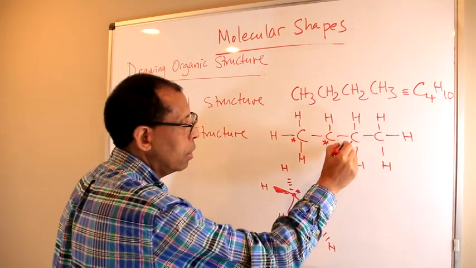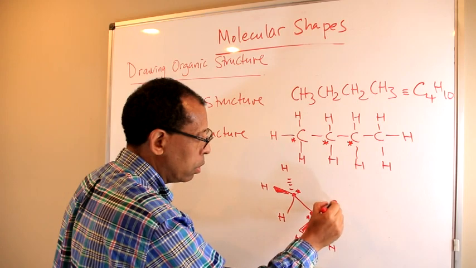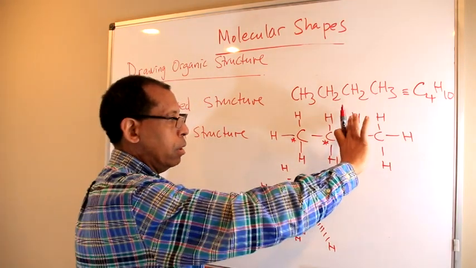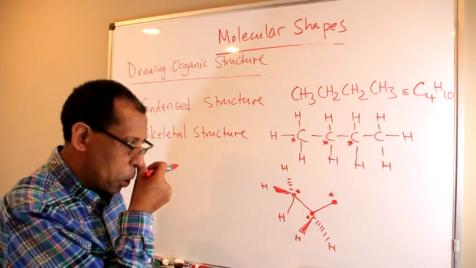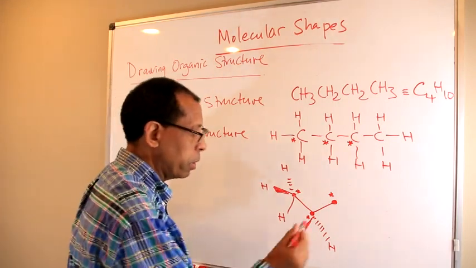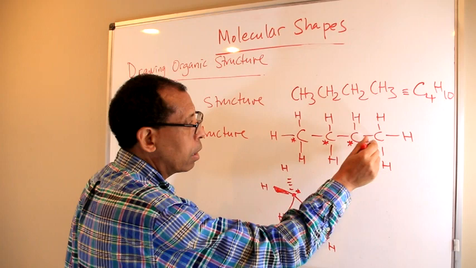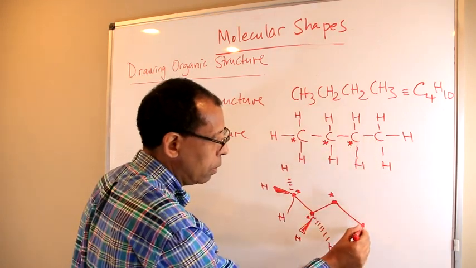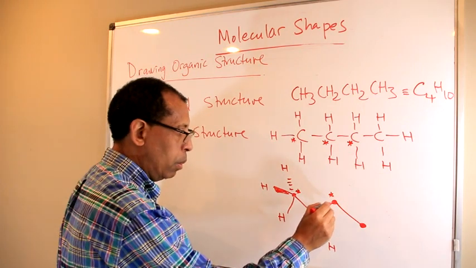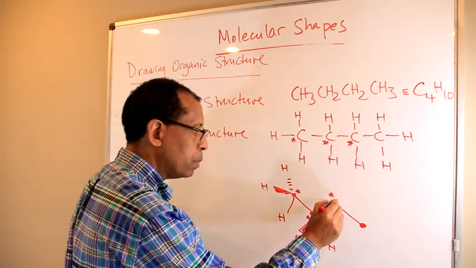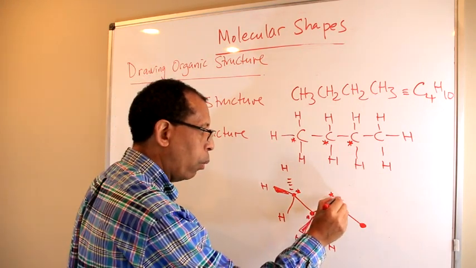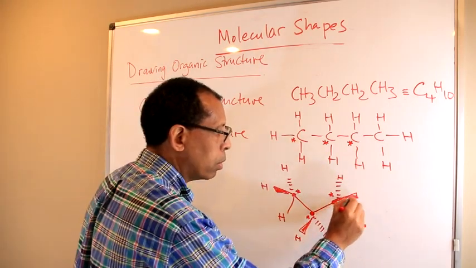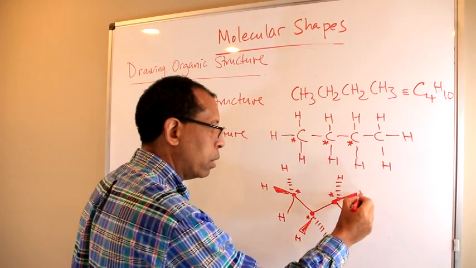So this third carbon, which is this one, is on the plane of the board, and it has 2 hydrogens. The other carbon is the next carbon, which is down here. So remember to draw the hydrogens. One into the plane of the board, the other out of the plane of the board.